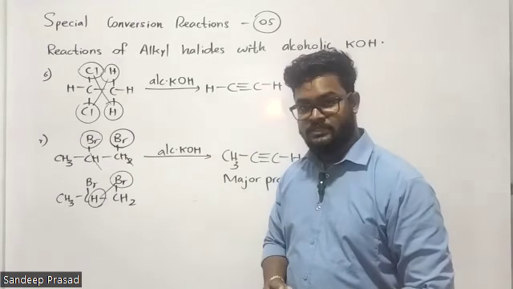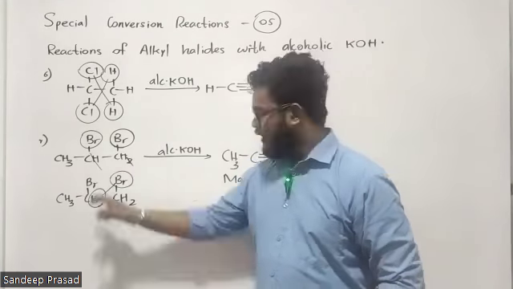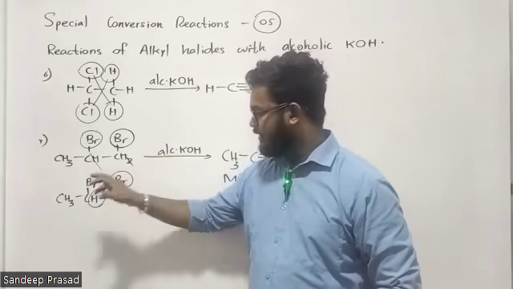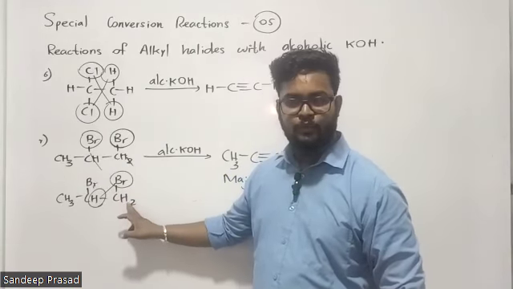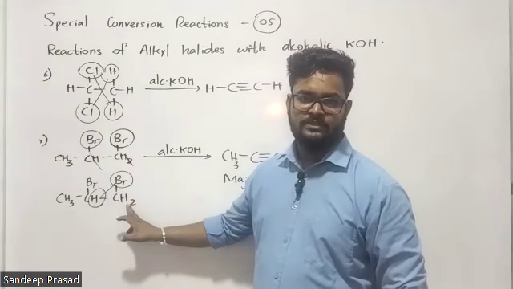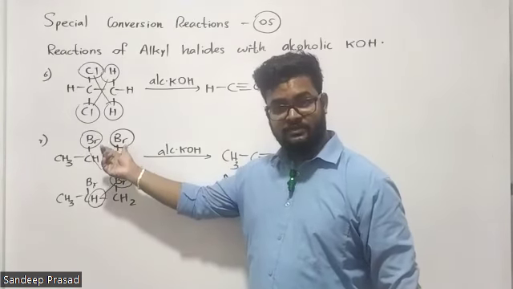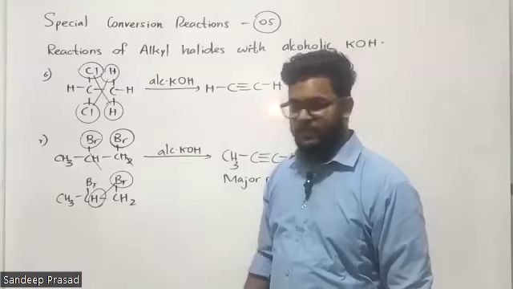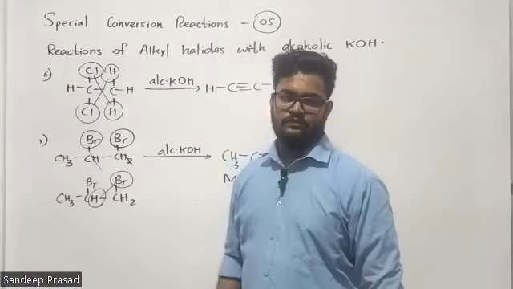But go for the left-hand side bromine atom. As we discussed, according to the Zaitsev rule, this bromine should be eliminated with hydrogen from the carbon atom which is connected to the poorer number of hydrogen atoms. That is the Zaitsev rule, and we obtained the relevant product in the previous one. Now, what if we unfollow the Zaitsev?